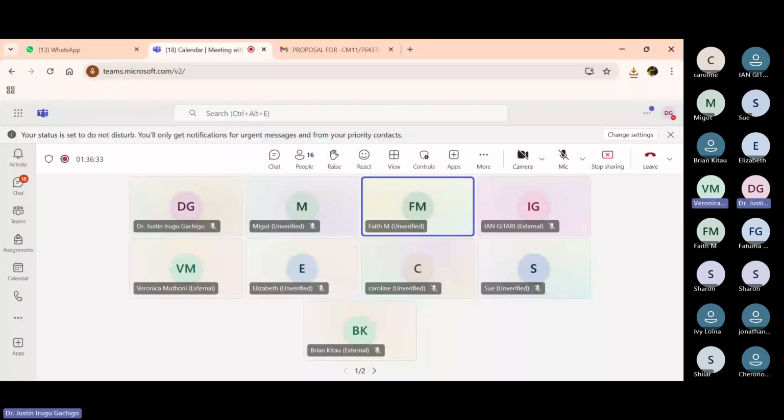Let me see. Veronica, can you see it? No, it's not up, Mwalimu.